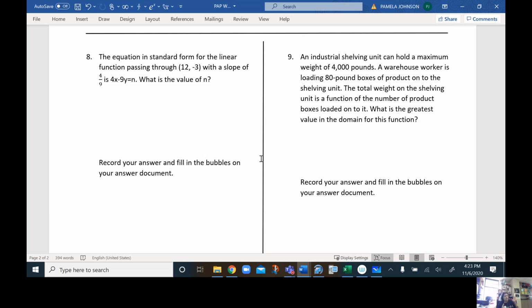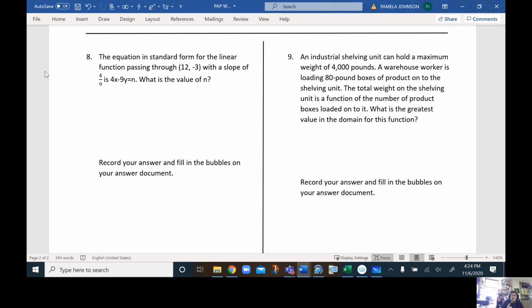Now, I will say when I was grading these, this was the one that was most often wrong. A lot of you were trying to come at it starting from the standard form it gave you and then trying to figure out n. Really, you needed to start with the point slope formula, get it down to slope intercept, and then change that into standard.